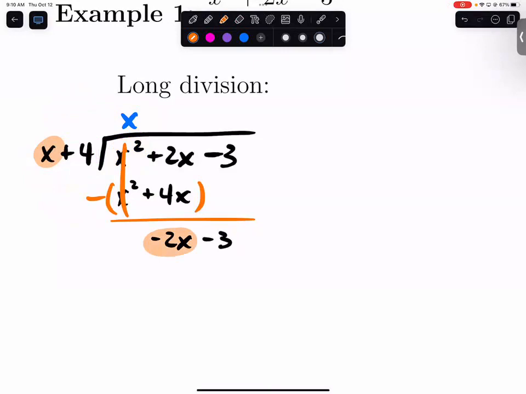So start over, forget about all this stuff, pretend like this is the thing under the little box, and look at how x goes into negative 2x. Negative 2 times, right? We want to match that term exactly. So negative 2x divided by x would be negative 2 times.